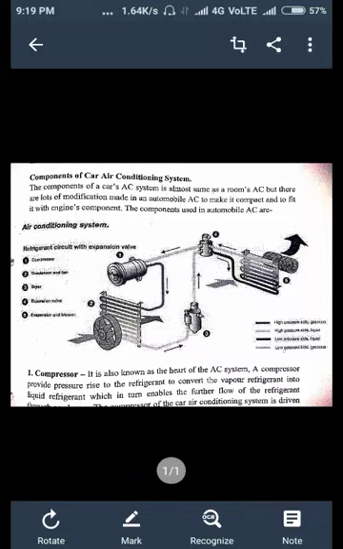Hello friends, today we will study about components of the car air conditioning system. As we all know, the equipment or systems available in any automobile for our comfort are driven by the engine only.